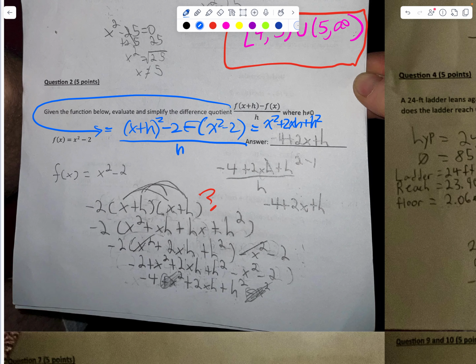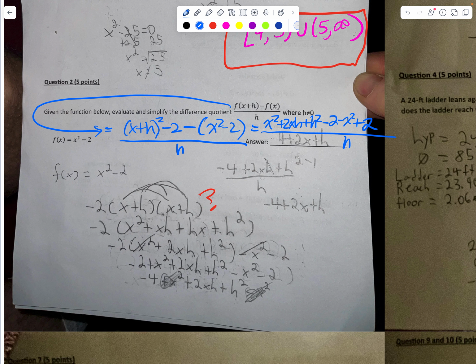And now, don't forget your minus 2. Minus 2. Minus x squared and a minus minus plus 2. So minus x squared plus 2. All right. Here, I forgot I can just do this. Nice. All over h. Cool.